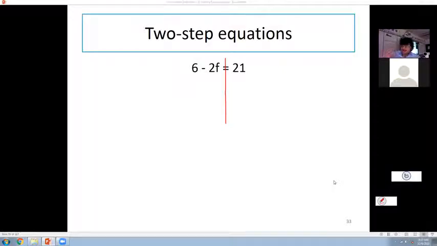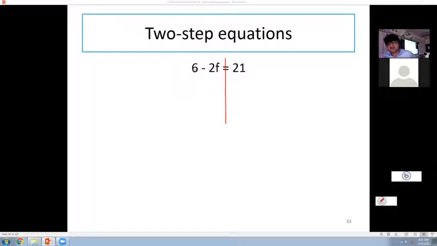So this 6 and negative 2 right here are both friends of f, but one of them is a closer friend. As you see, guys, negative 2 is right next to the variable f. So they are very close friends, and it is not going to be easy to separate them. Once they are separated, they will be so sad, right?